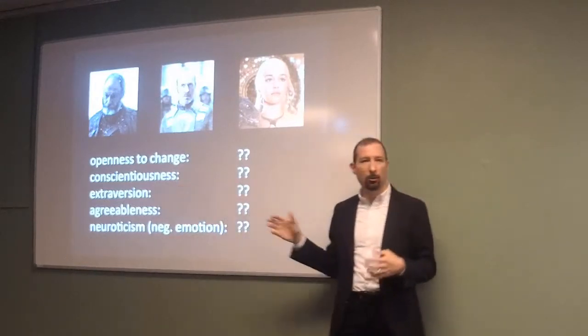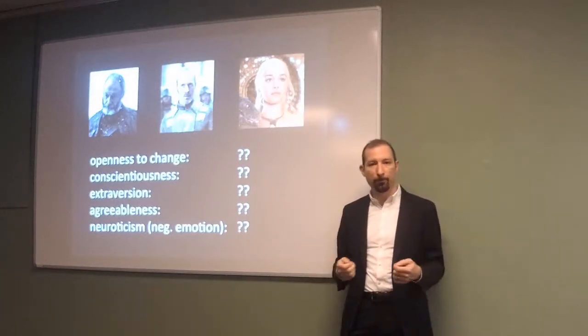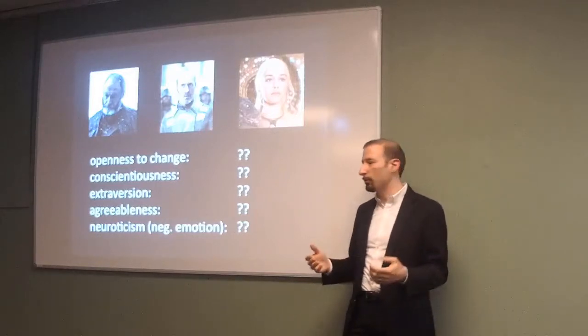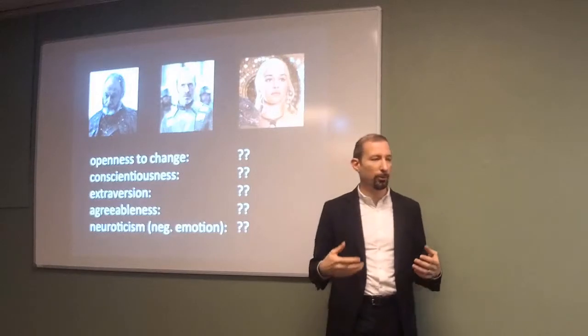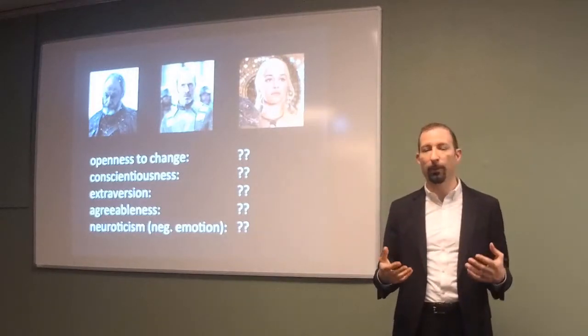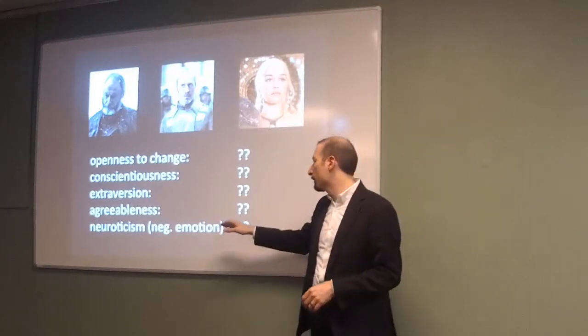Conscientiousness would be how detail-oriented they are, how they respect rules versus being just disorganized, right? Organization versus disorganization. Extroversion would be whether they are outgoing, whether they're people persons, or whether they prefer to be by themselves if they're more introverted, and how well they function by themselves.